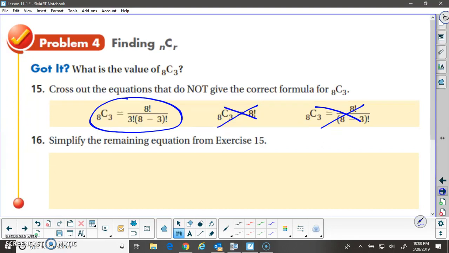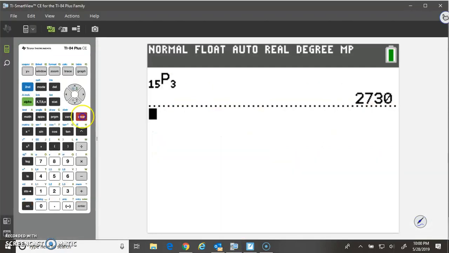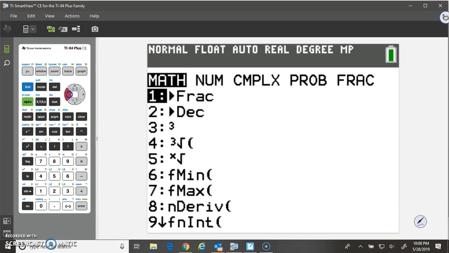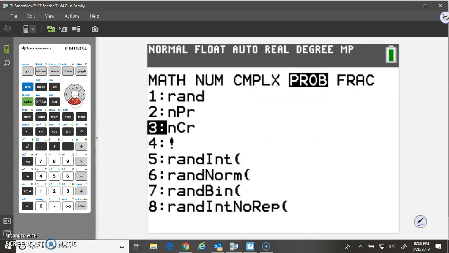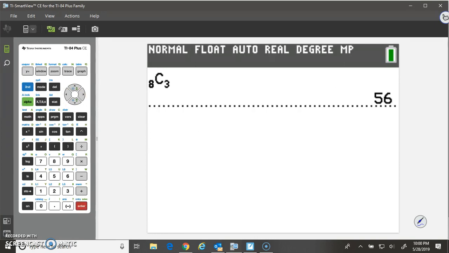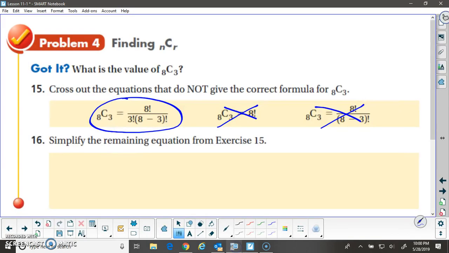However, if we're going to use our calculator, we would simply type in 8, math, go over to probability, nCr 3, and we get the answer of 56. So 8 nCr 3 gives us 56.